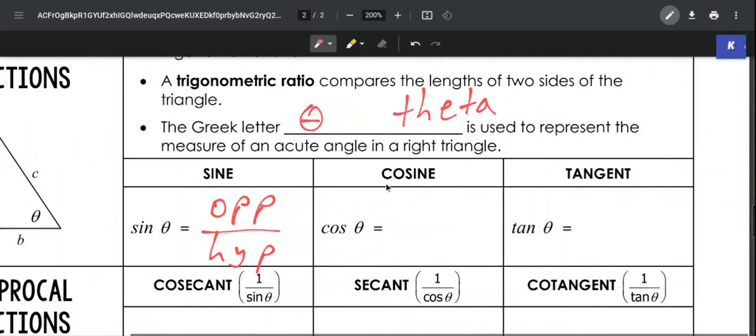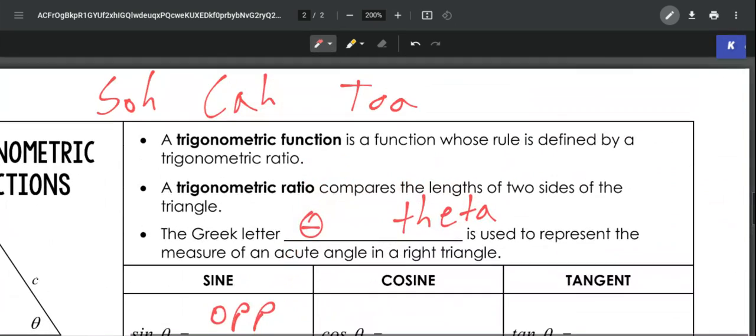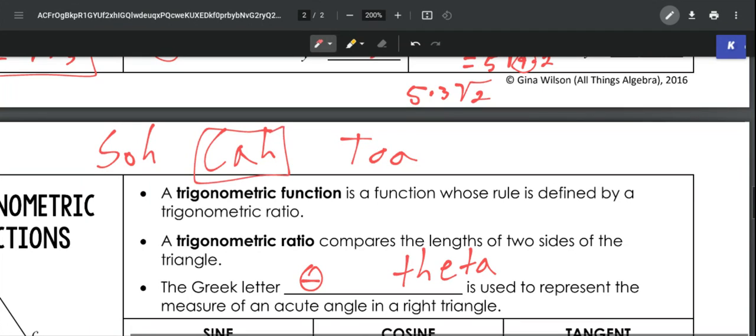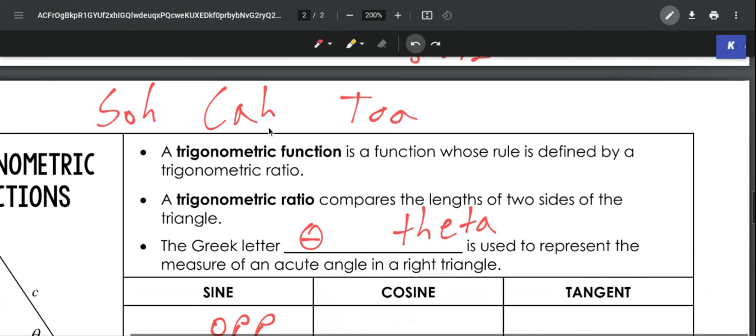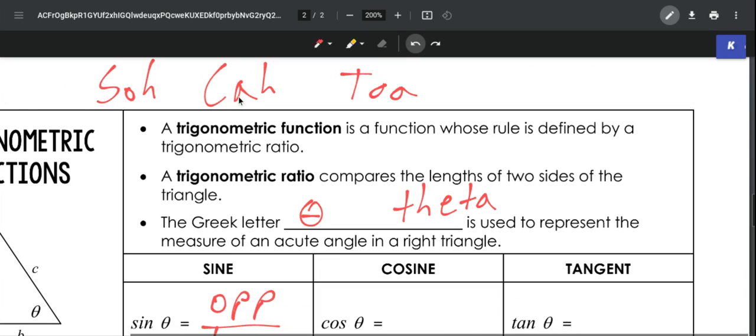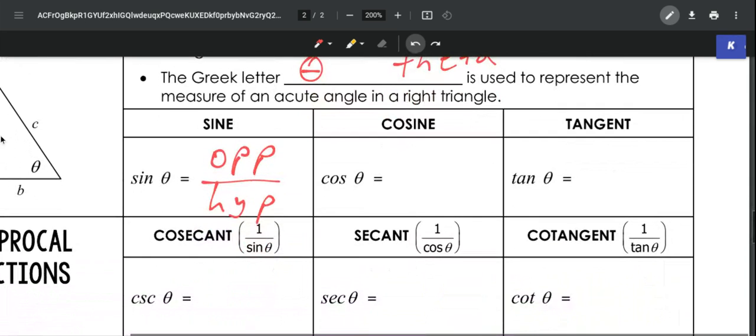Now, same thing with cosine. Cosine is this second piece here, which is CAH. So that means cosine is adjacent, that's what A stands for, over hypotenuse. So cosine is adjacent over hypotenuse.